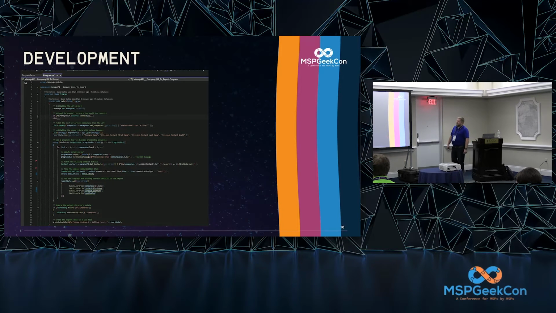So, I slapped this together. Basically what I'm doing is I'm grabbing a list of all of the companies that have a status like active. I'm basically cycling through all of those companies, grabbing the billing to contact. That is right here.